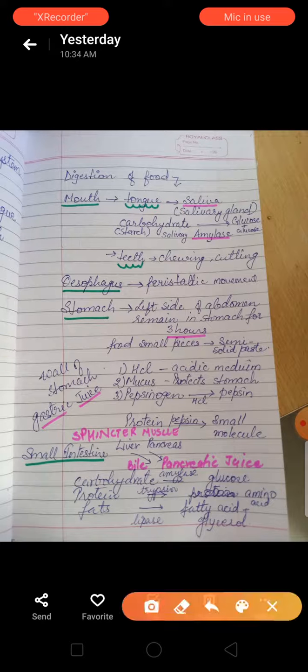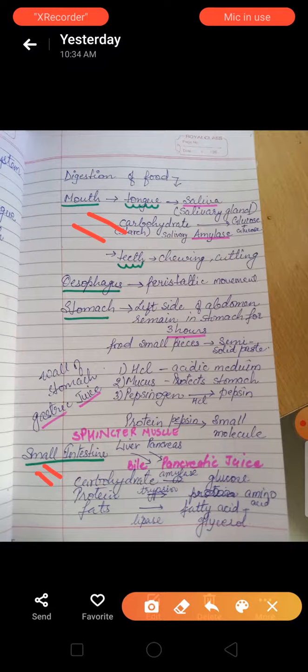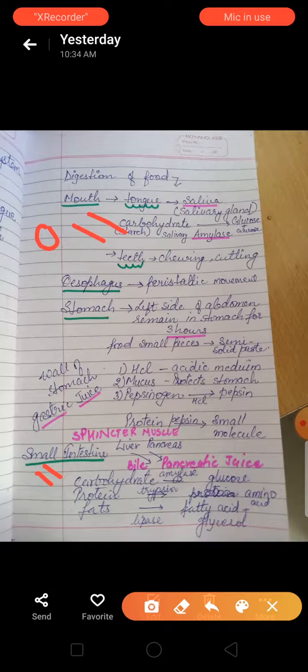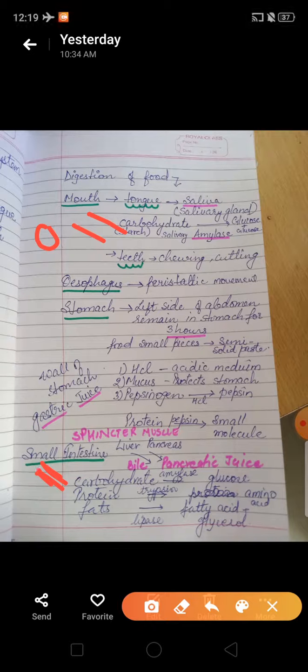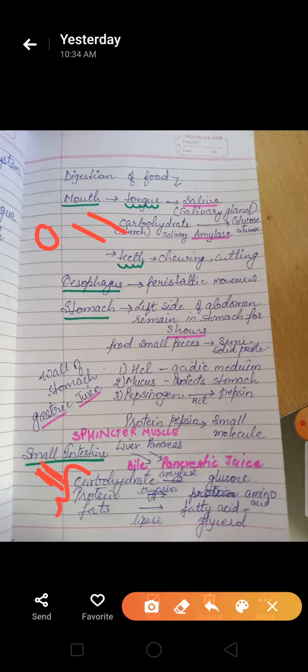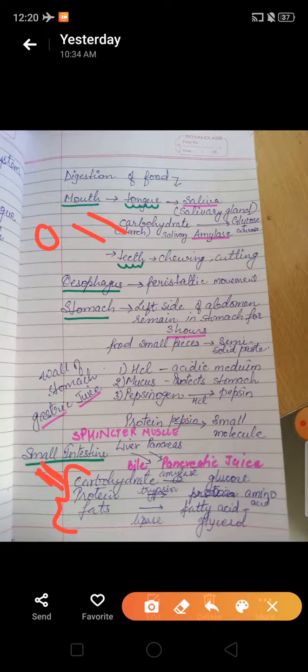Because here we are using amylase and there also we are using amylase. In the mouth it is called salivary amylase because it is secreted by saliva, and in the small intestine it is called pancreatic amylase because it is secreted by the pancreas, and here the complete digestion is taking place.